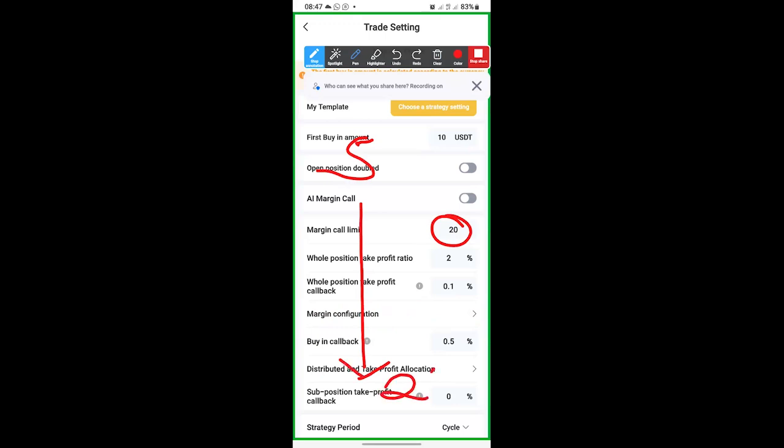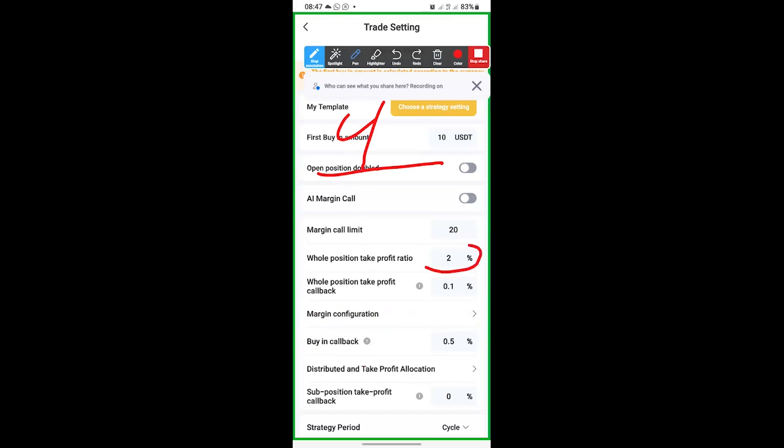If it is 20, 5 to 20. This means that the first 4 are not subpositions. They are sold on whole position take profit ratio here. The first 4. That means the rest are independent calls. They are independent margin calls.